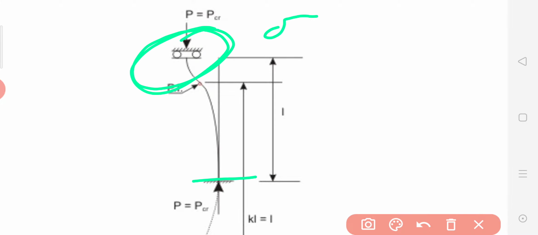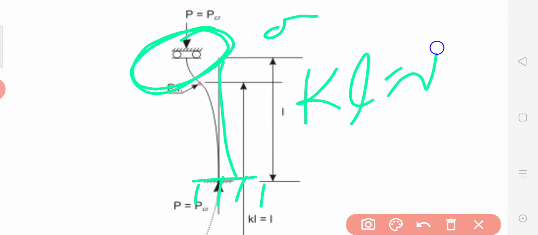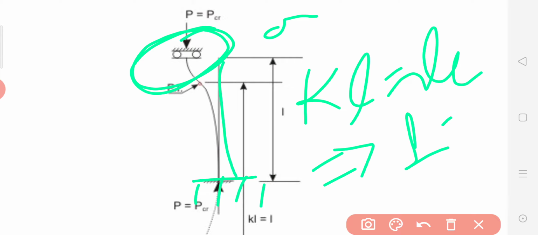When one end is roller support and the other end is fixed, for this condition we take the value of KL or L effective as 1, or L.